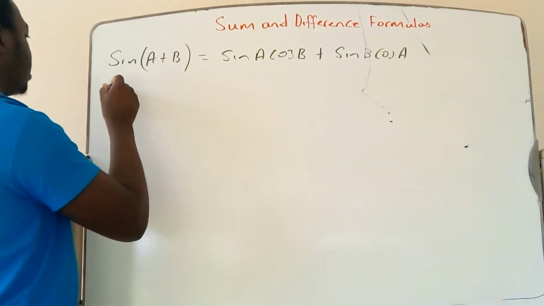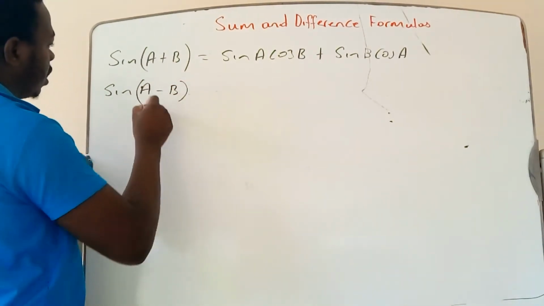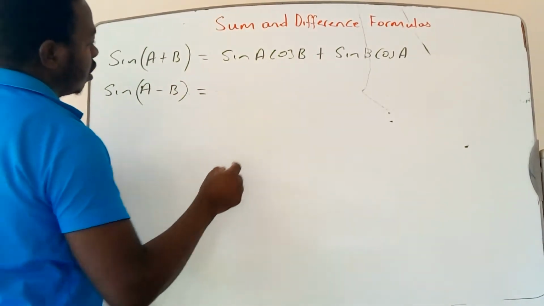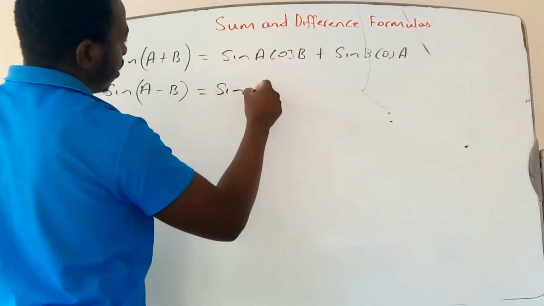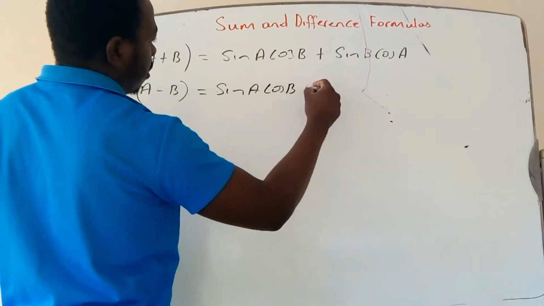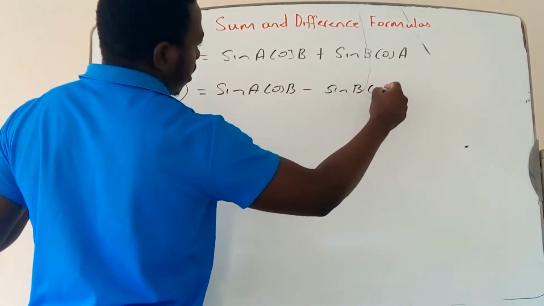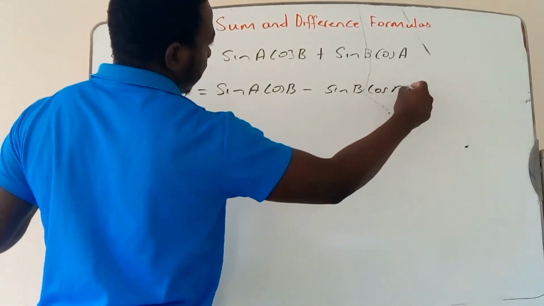What if it was sine A minus B? What do you think will happen? Same thing. This is going to be sine of A times cos of B minus sine of B cos of A. That's it.